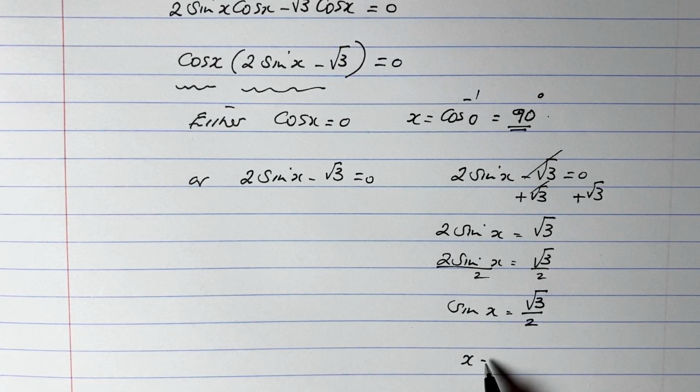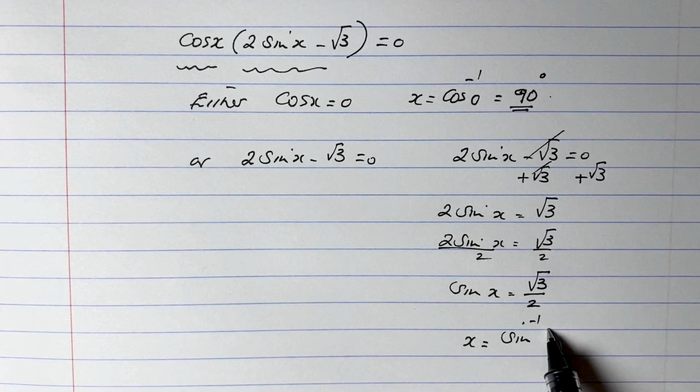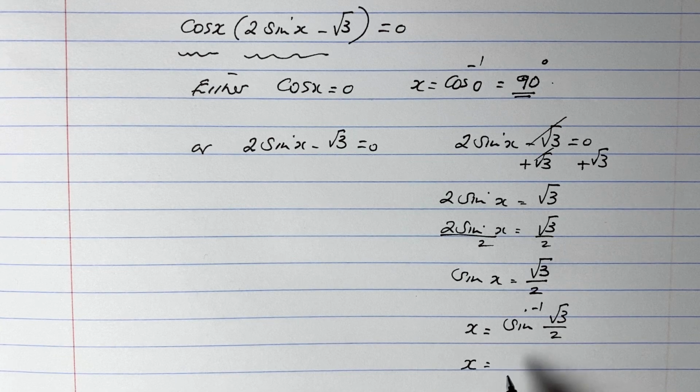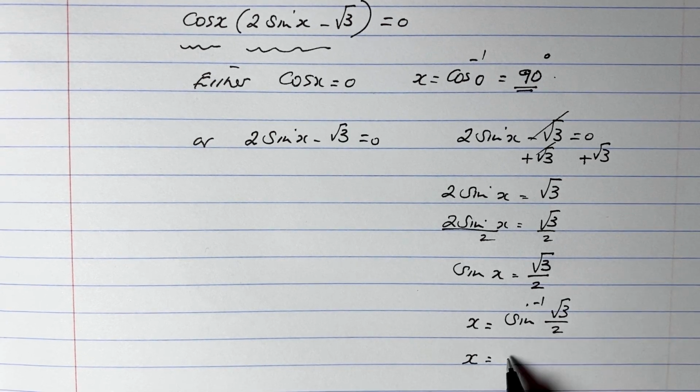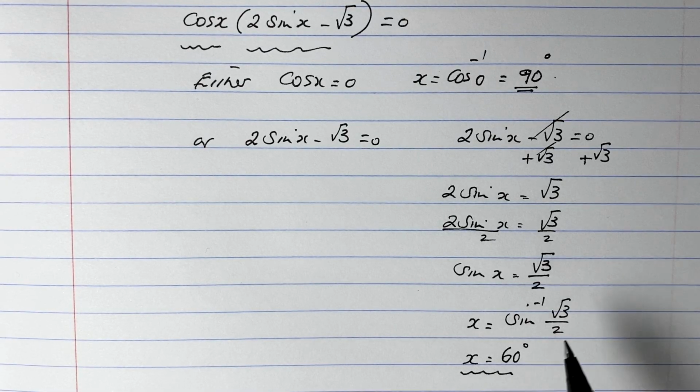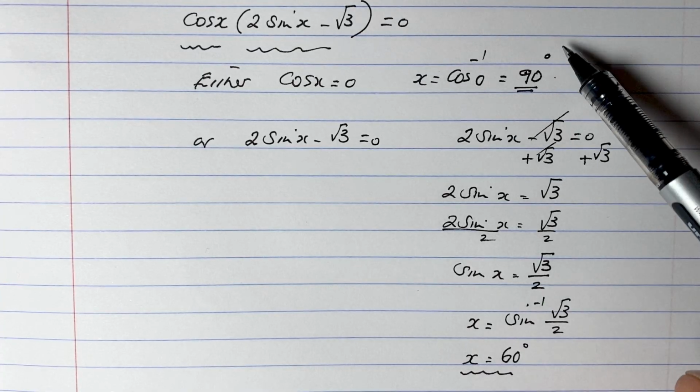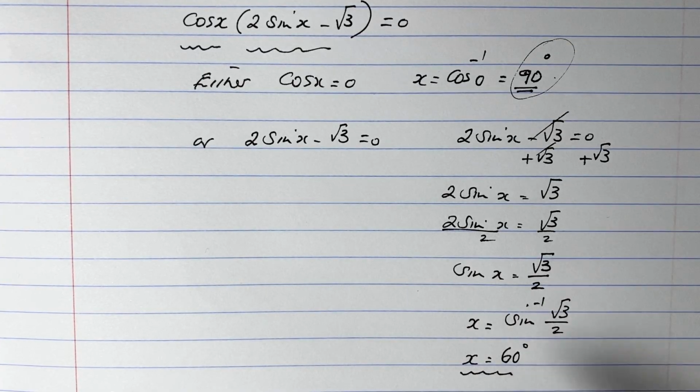So x equals inverse sine, or arc sine, of root 3 over 2. And when you put that in the calculator, inverse sine of root 3 over 2 would be 60 degrees, the first angle, the principal angle. So you see, by their method of getting rid of cos, they have lost one solution.